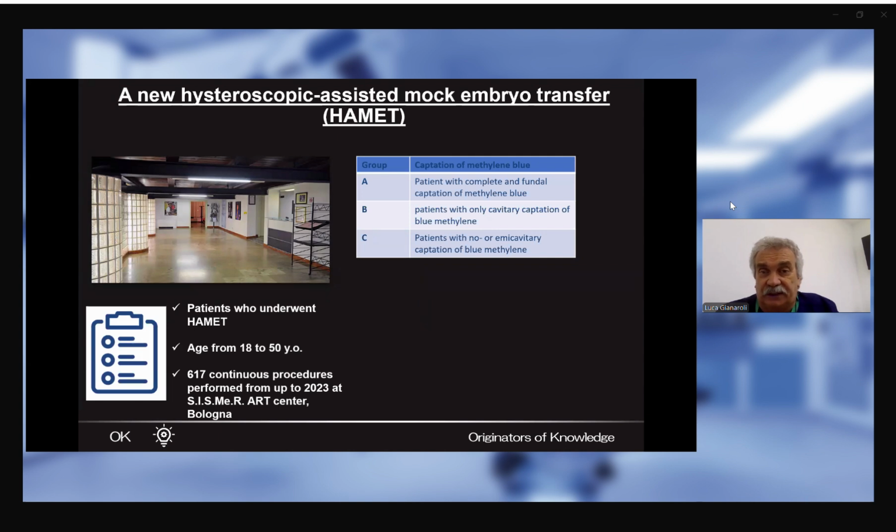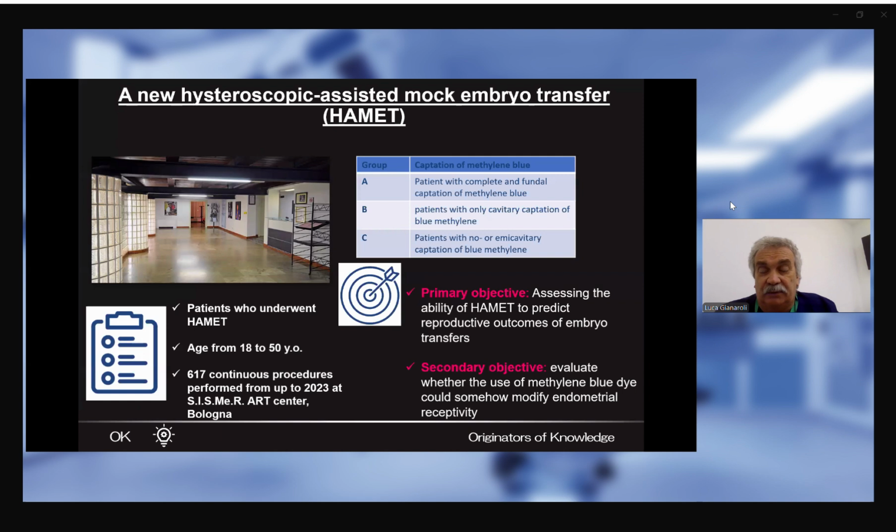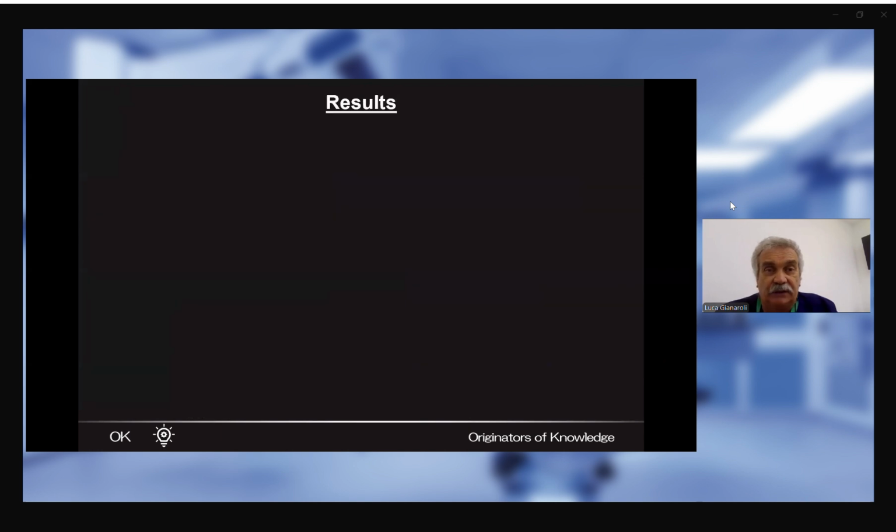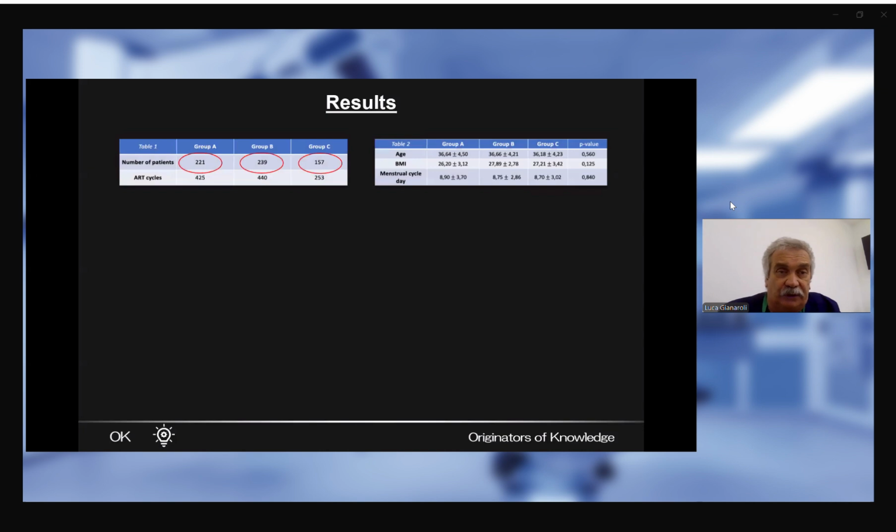These 3 categories were then compared, with the primary objective of assessing the ability of this technology to predict reproductive outcomes of embryo transfer. On the left table, there were more than 600 patients with more than 1,000 cycles, divided into these 3 groups.